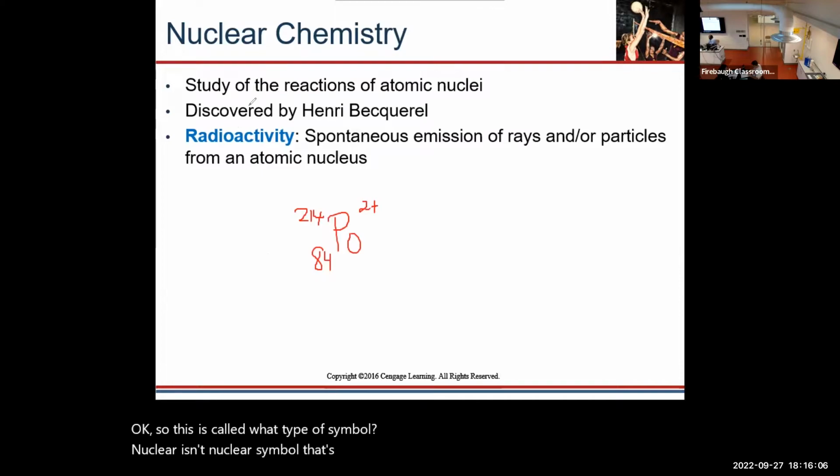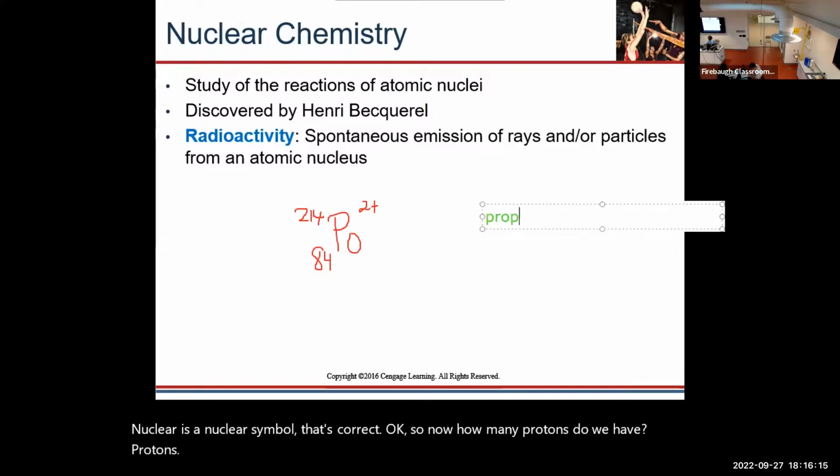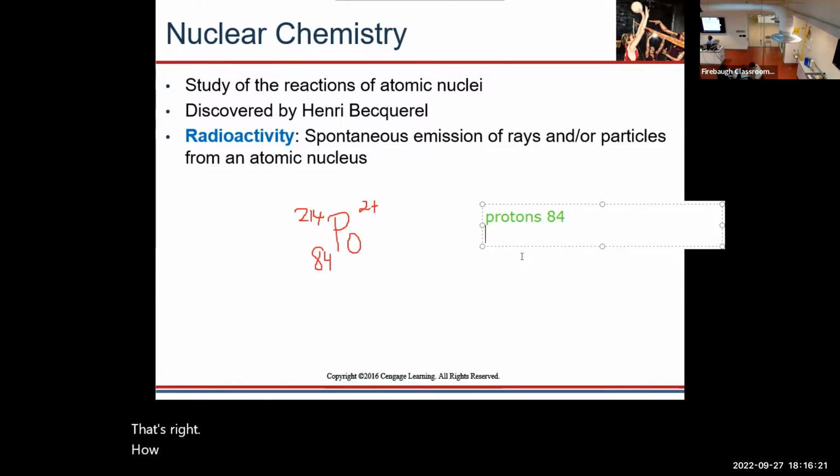Okay, so now, how many protons? Protons, 84. Okay. How many neutrons?